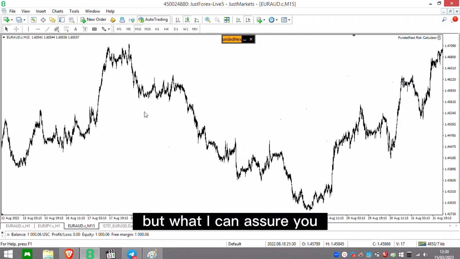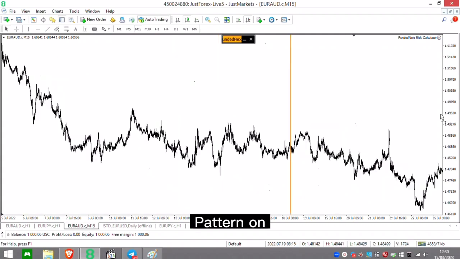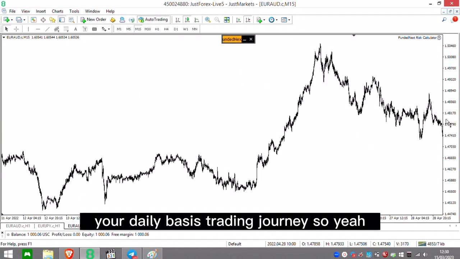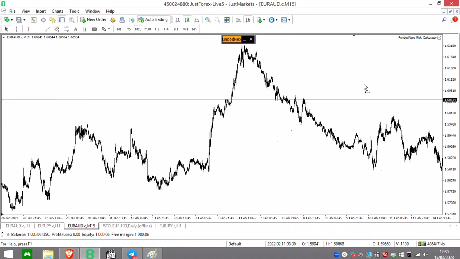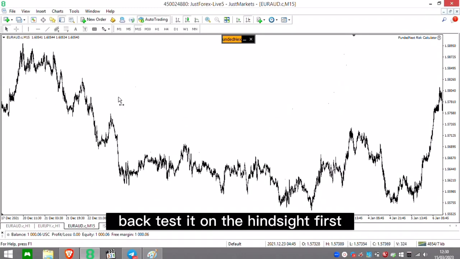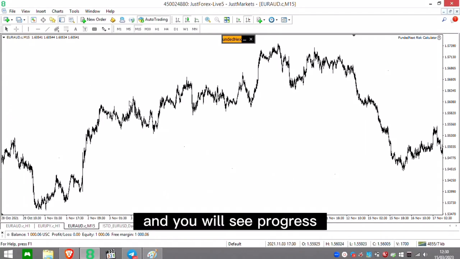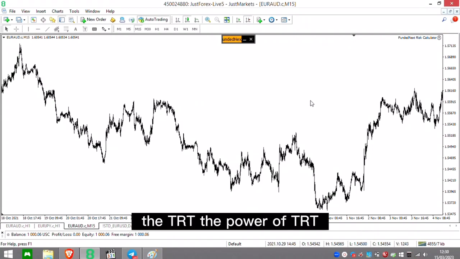What I can assure you, this is one of the safest way how to use the TRT pattern on your daily basis trading journey. So yeah, you need to do a lot of homework, back test it on the hindsight first, and try forward test it on the demo account, and you will see the progress, the power of TRT.